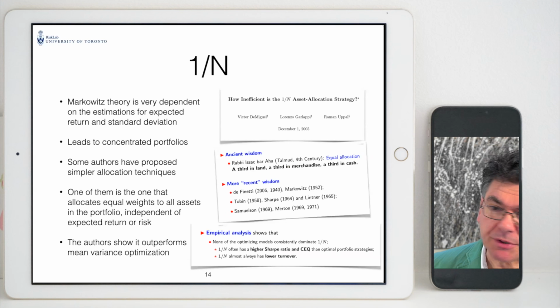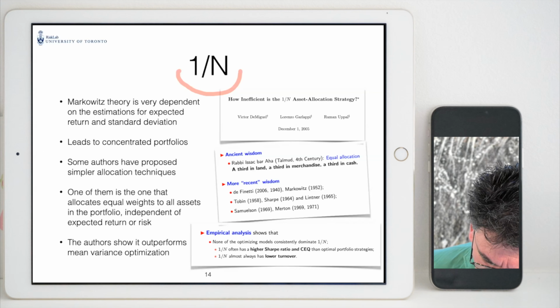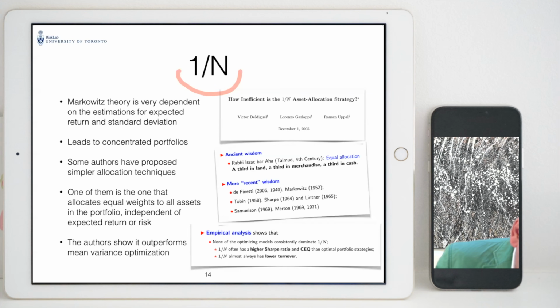The first methodology that I want to review is very easy, but it's very important that we review it, and it's called 1 over n. 1 over n is very simple. It just says that if I have n investment opportunities, then I divide 1 over n times all the money I have is what I invest in each of them.